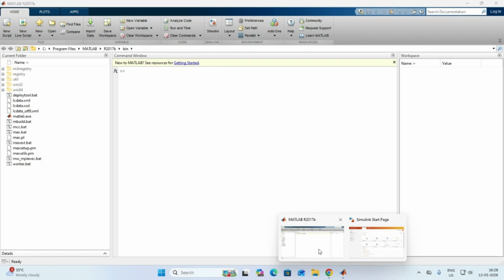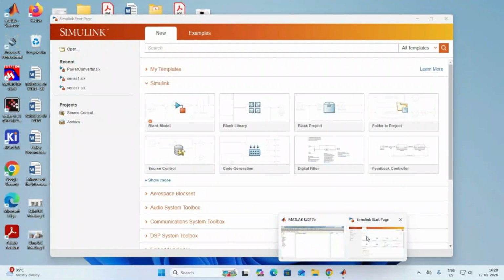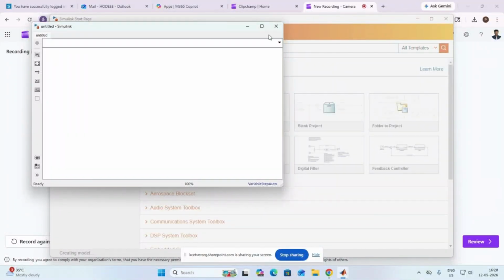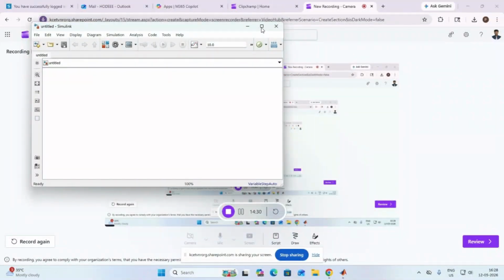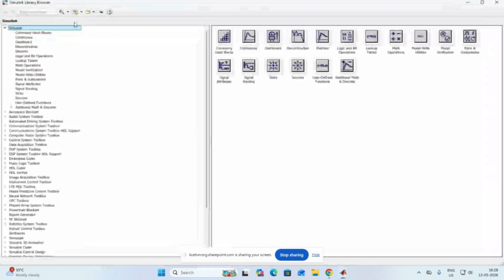Now I am going to explain how we can design a DC converter using MATLAB Simulink. We have to open a blank model. So after that, you have to select the components which are needed. You can get all the components from Simulink library.